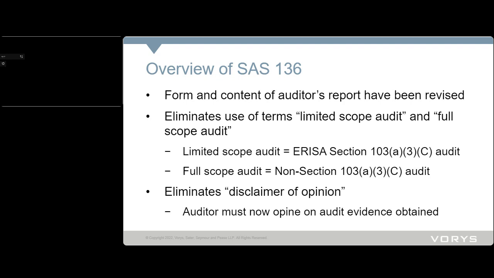It has also eliminated the disclaimer of opinion, so the auditor must now opine on the audit evidence that it obtained. Just as a reminder, to the extent that your plan is required to file a Form 11-K with the SEC, you would never be looking at the ERISA section 103(a)(3)(C) audit. You need to do the non-section 103(a)(3)(C).